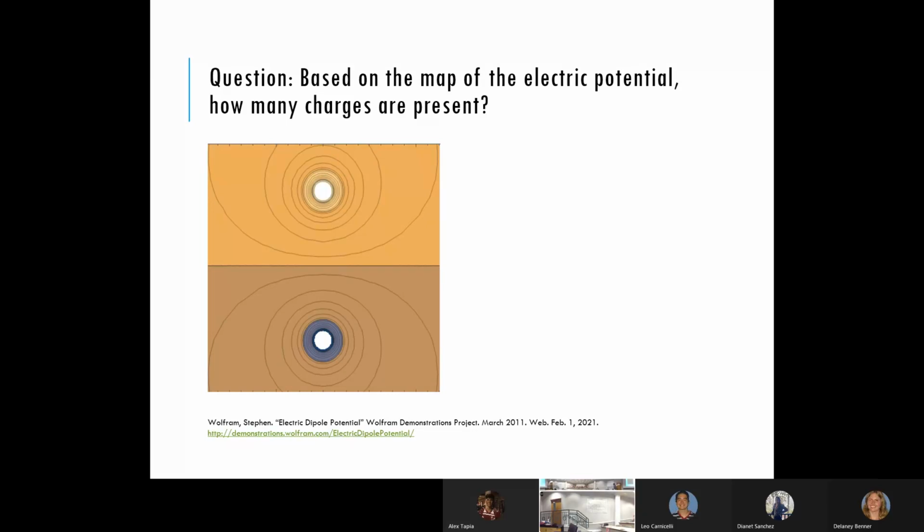Yeah, and how do you know that those are sources? What specifically, aside from the fact there's a big white circle there, how could you use the map, the topographical map of the electric potential, to know that there are two charges? Yeah, close to each other, they get further apart.